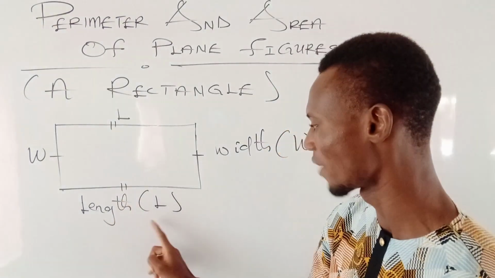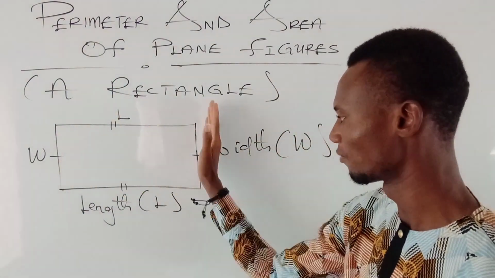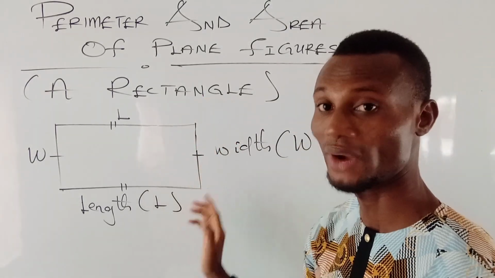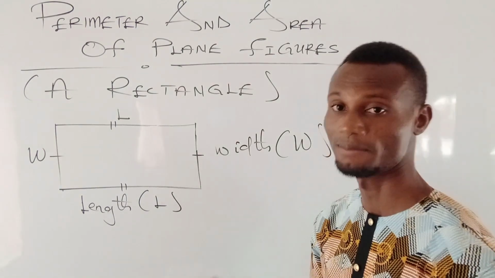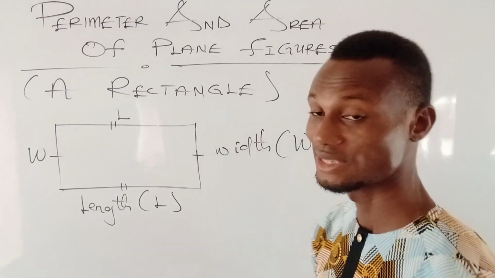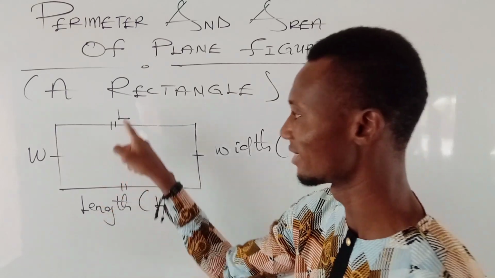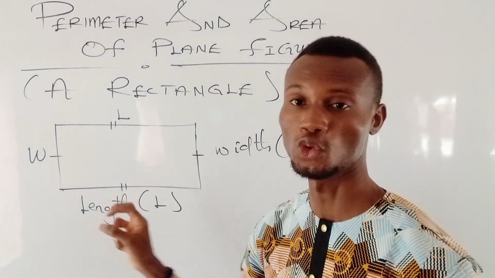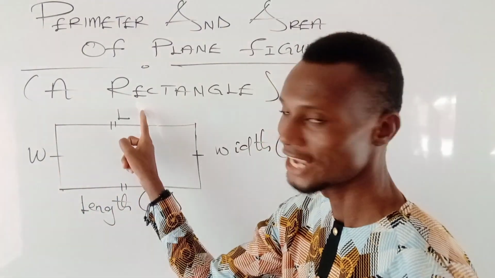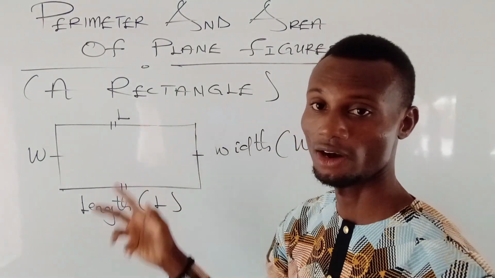That's why I've written length in brackets capital L. And the vertical side of the rectangle is called the weight, and for the weight we use capital W. So I've written weight in brackets W. Knowing that this side of the rectangle is the same as this side, because two opposite sides of the rectangle are equal, if here is length, then here will also be length, so L here will also be L. L represents length.